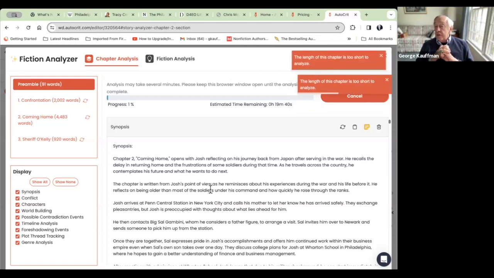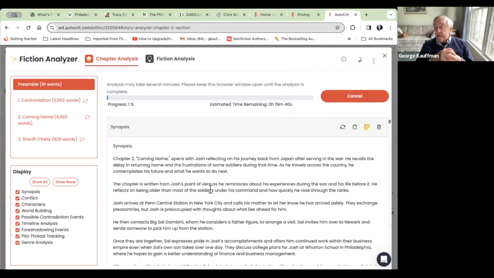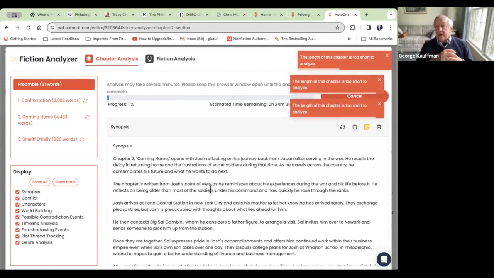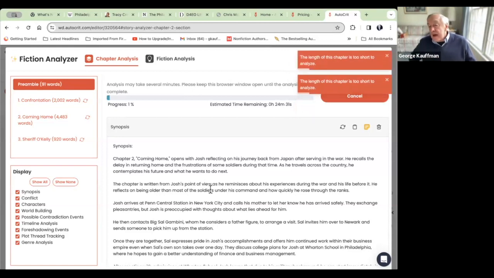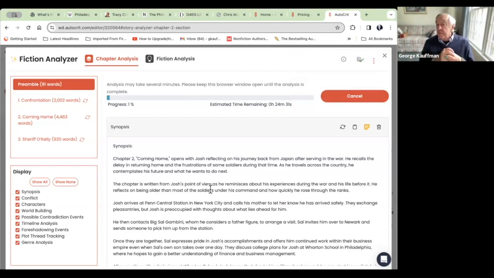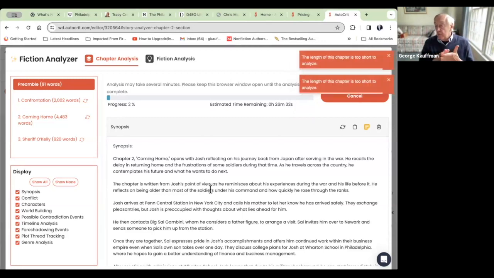Chapter 2 is a guy coming home from a war across the country in a train, and he's remembering how he was as a kid and what he went through and what he experienced in the war and this big conflict he has going on. And as the chapter goes on, there's some extra conversations, but the comment was made that I was telling rather than showing.